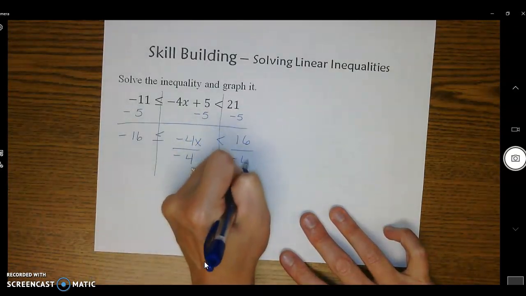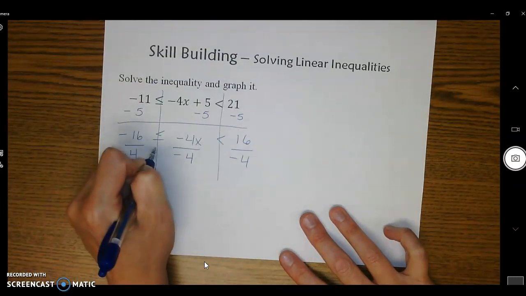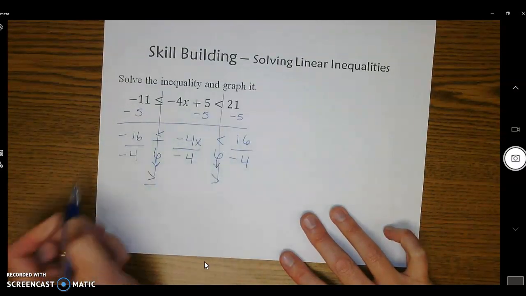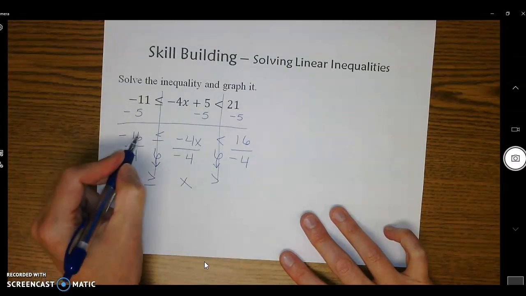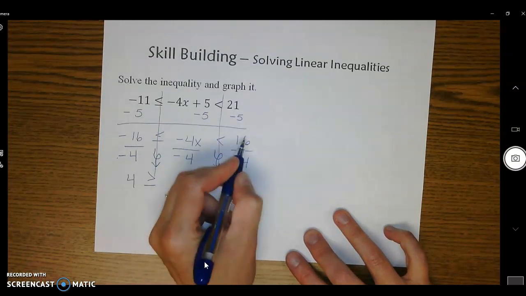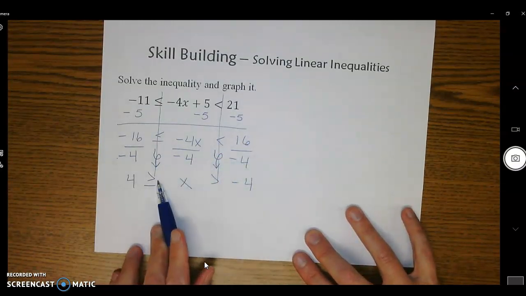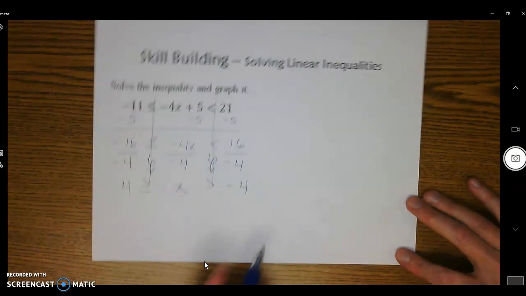When I multiply or divide by a negative number, I must flip the inequality sign. So I'm flipping. This is x in the middle here. Negative divided by negative is a positive. 16 divided by 4 is 4. Positive divided by negative is negative, and then this will be -4. And that should make sense to you because 4 is bigger than -4. It wouldn't make sense if we didn't flip the signs.